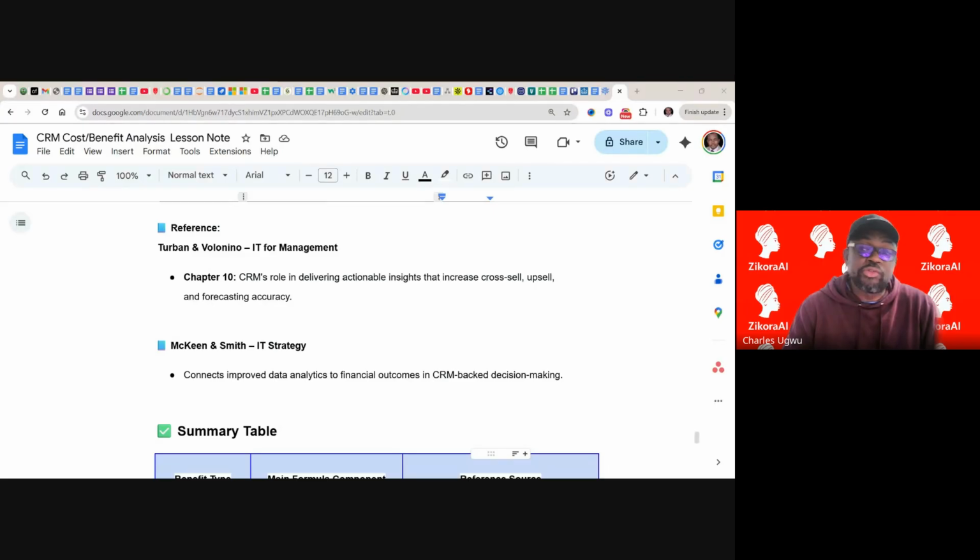This is what you should be helping us to do in finance, cost and accounting, to come up with values and calculations on how to solve these problems.